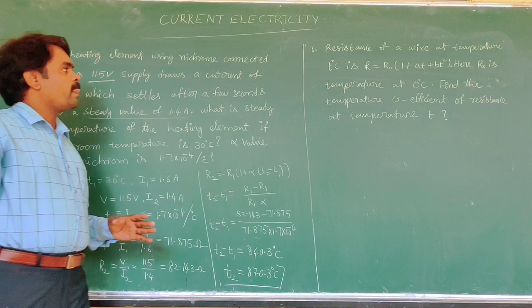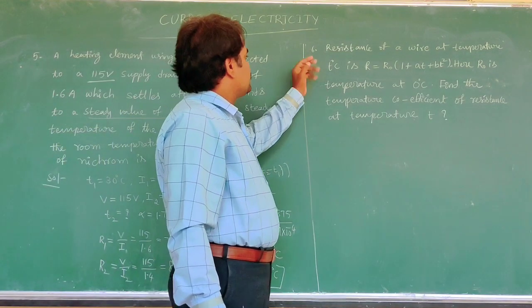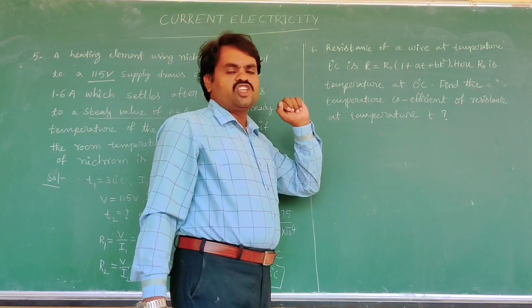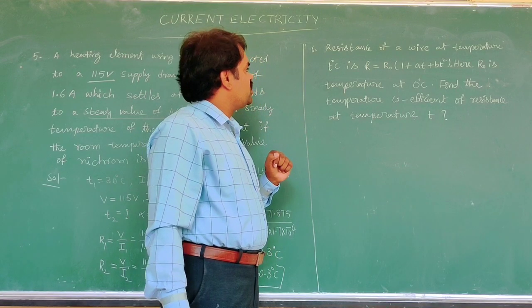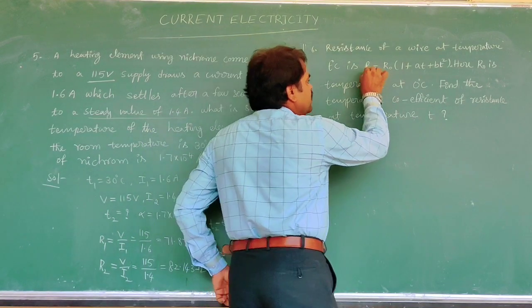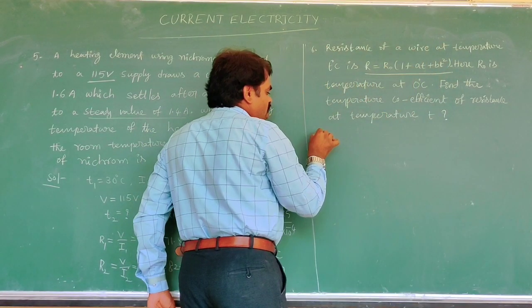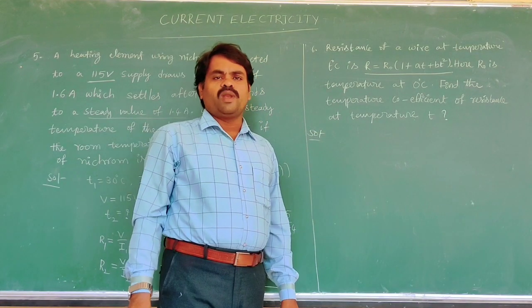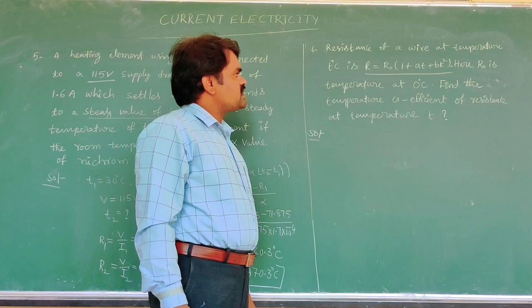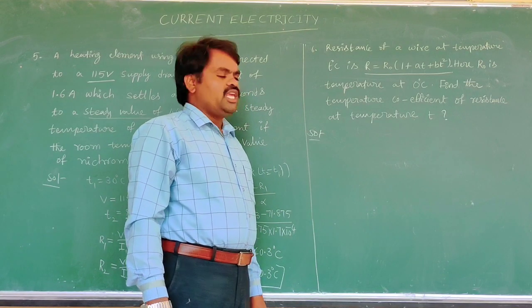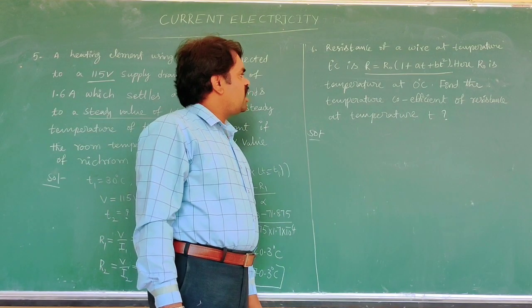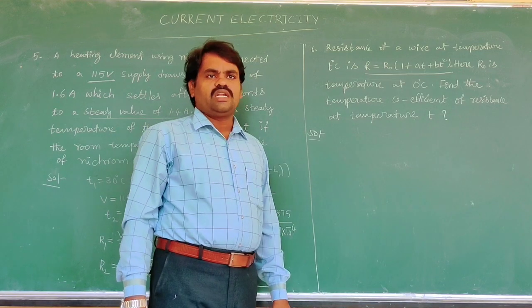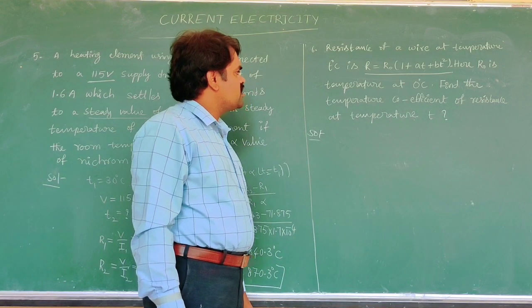Now going to another problem, the 6th. The resistance of a wire at a temperature of T degrees Celsius is given as R is equal to R naught into 1 plus AT plus BT square. Here R naught is the resistance at 0 degrees Celsius.